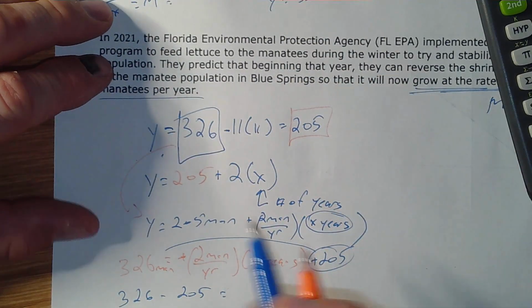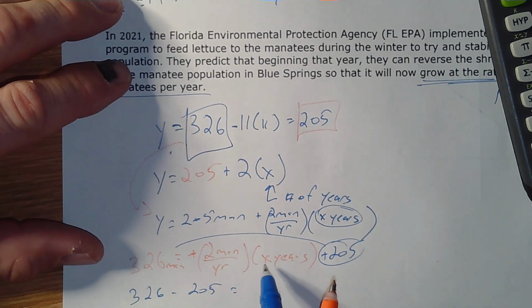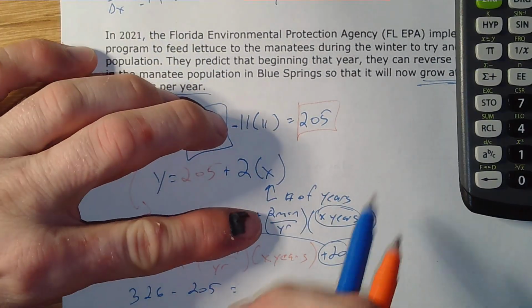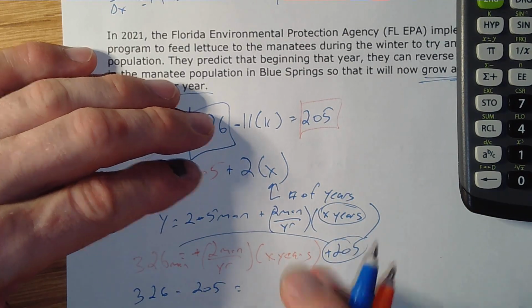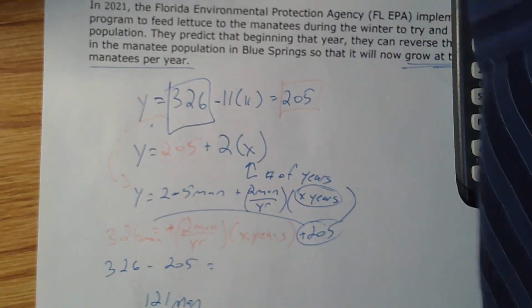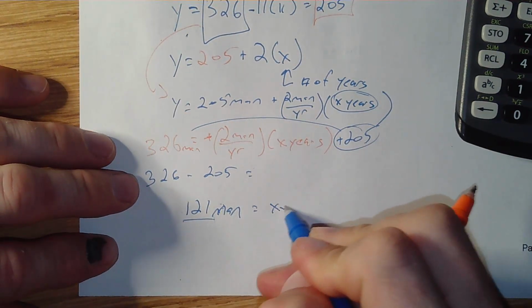Well, now I'm just going to divide by the coefficient of my variable term, which is 2 manatees per year. So 121 manatees equals 2 manatees per year times x years.